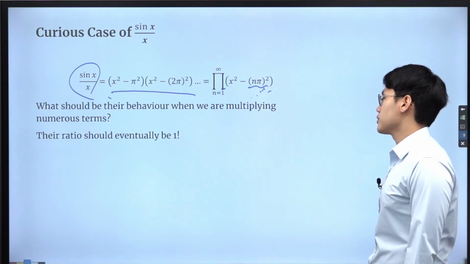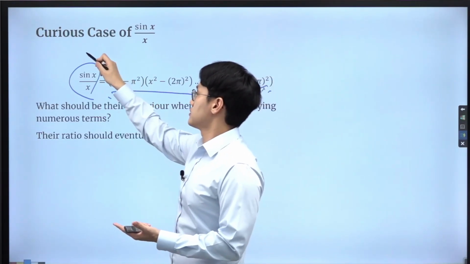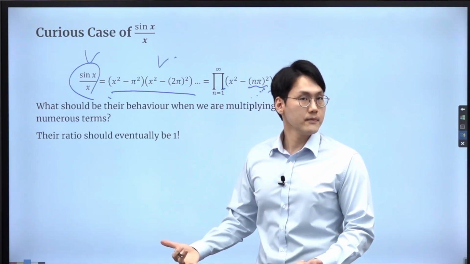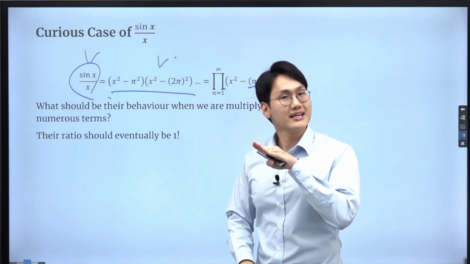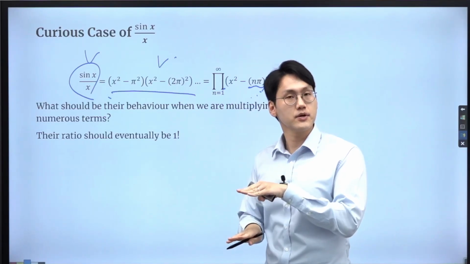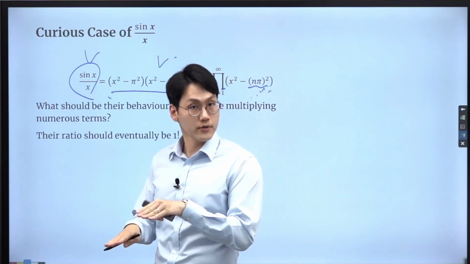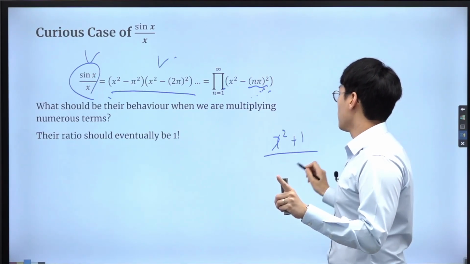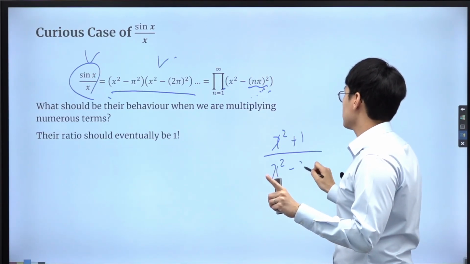So if this behavior is truly the same as the polynomial function here, then as n gets bigger and the number of terms gets bigger, the ratio should converge to 1. Do you agree with that? For example, x squared plus 1 over x squared minus 2x plus 1.